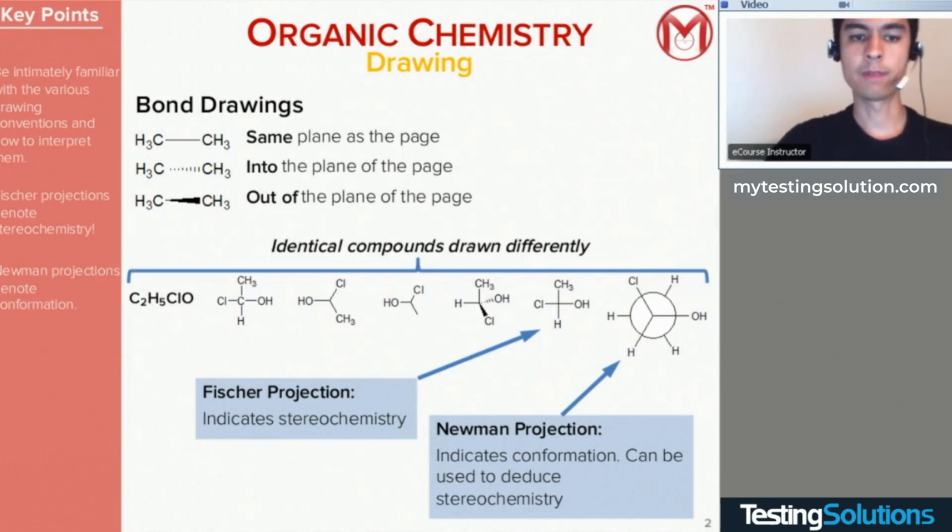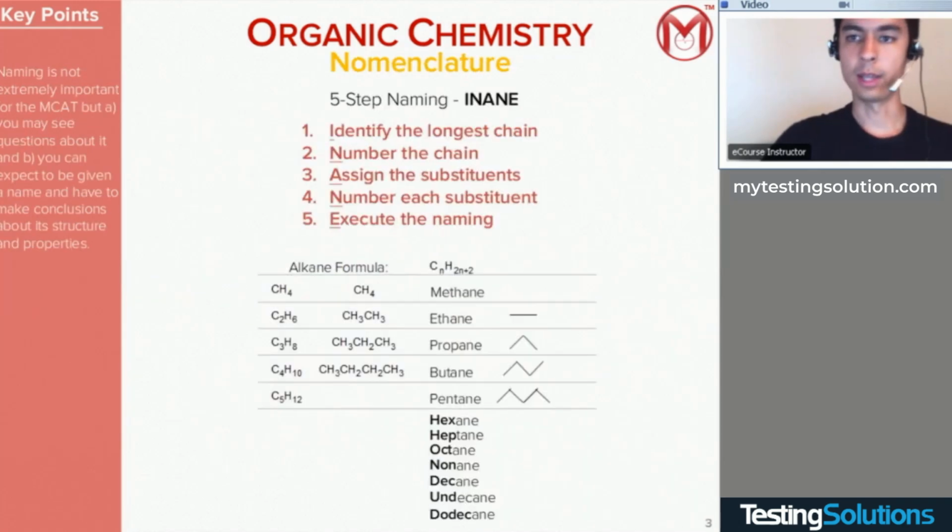Now, the Fischer projection and the Newman projection are very specific structures, and they're going to have very specific rules around how we interpret them. So we'll discuss that, but not quite yet. The first thing that I want to really get into with organic chemistry is nomenclature. So you will need to be able to interpret a structure that's given.